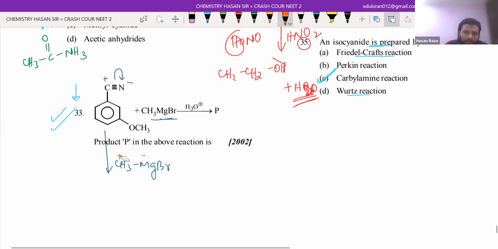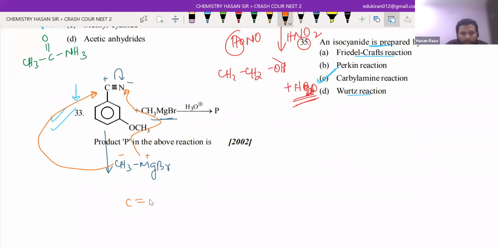So this negative will be attacking here and this positive will be attacking here. So what you will get is C double bond N and then MgBr, and this CH3 attacked on that position and the rest part is as it is, OCH3 at meta position.